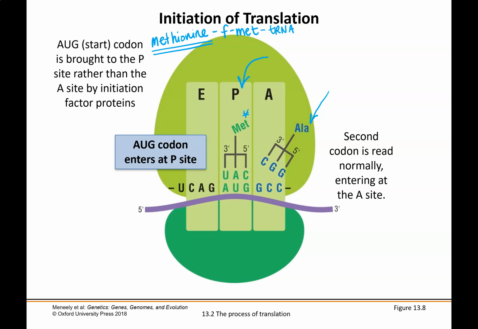So the AUG codon with the methionine is brought in, the AUG code signals the bringing in of the methionine. And so translation is initiated when you get the messenger RNA, the small subunit, and the methionine all in place. Then the large subunit comes in, and after that, we can begin producing our amino acid chain.